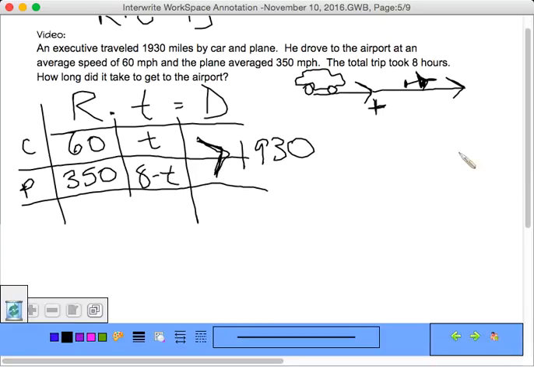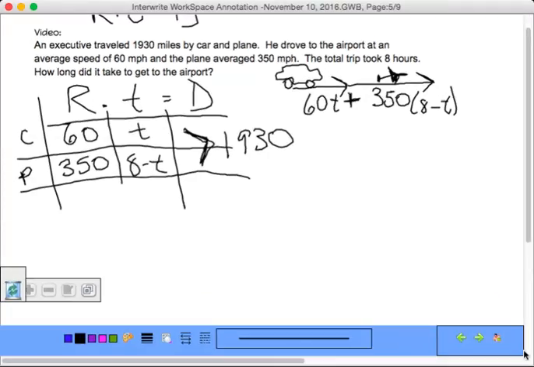So remember, the distance he went in the car is his rate times his time. So that's 60t. Then we have to add to it his rate times his time on the plane to equal the total distance, which is 1,930 miles. Start by distributing.